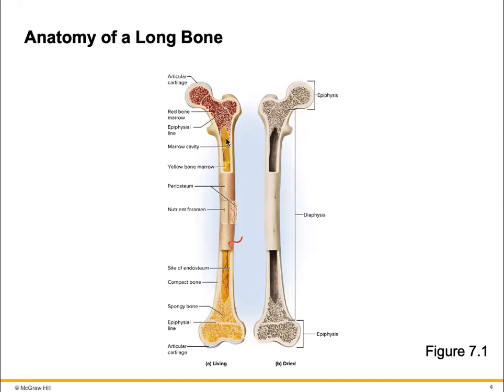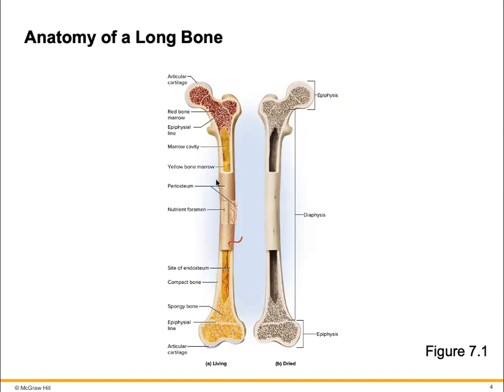Yellow bone marrow is a fat storage region, and during cases of chronic anemia, the yellow bone marrow can get converted back into red bone marrow as necessary, but it also adds a little bit of a cushioning mechanism inside the bone.